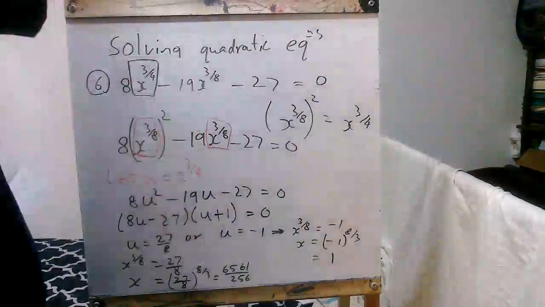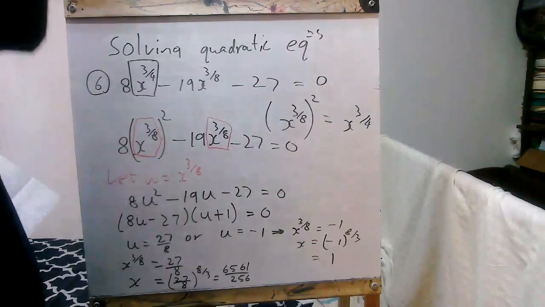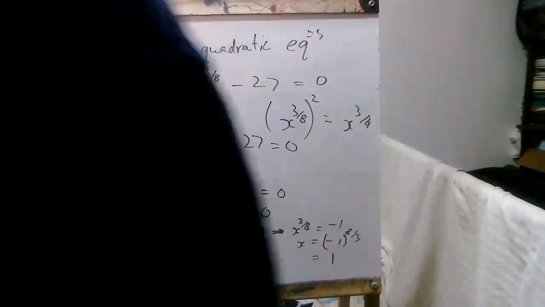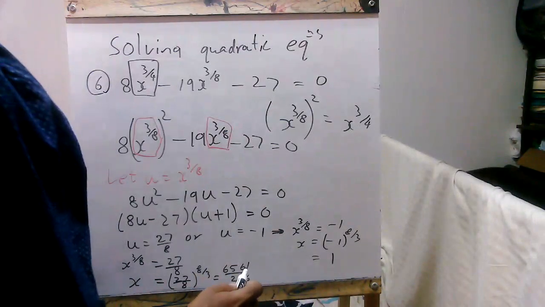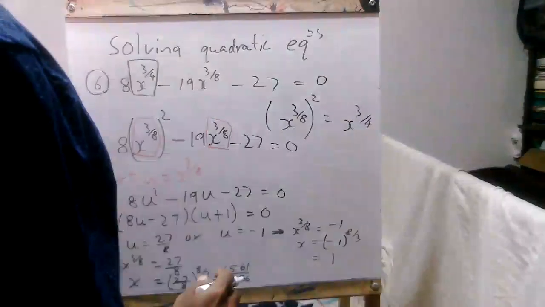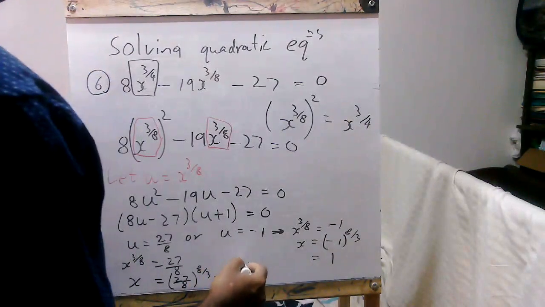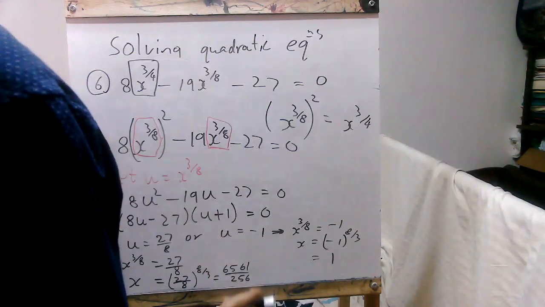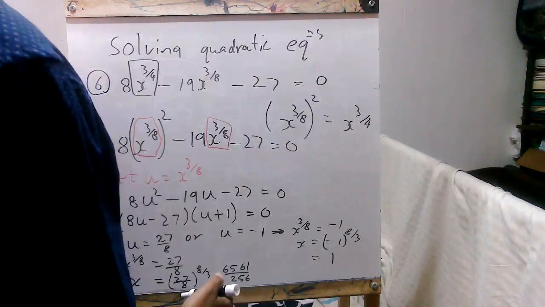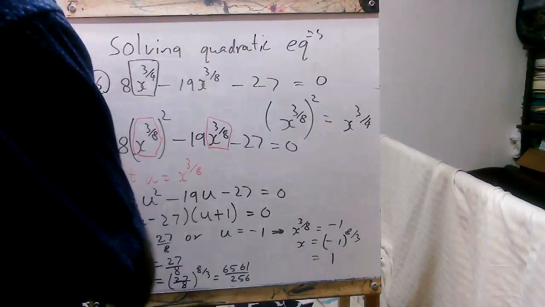And here I want to tell you something. If you're using the calculator, when you get this, if you want to find the approximation, meaning the number you get when you divide this by this, you can simply do this.